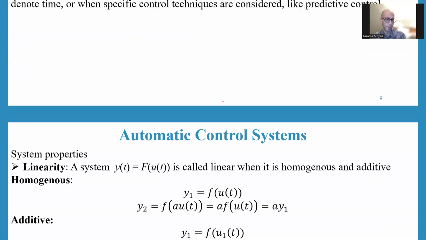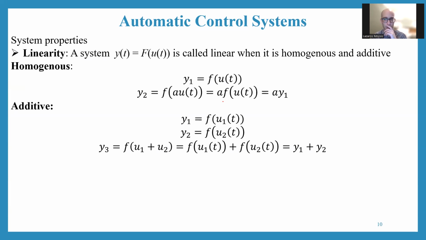Now, the second super fundamental property, I mean extremely fundamental, is linearity. Linearity actually consists of two properties. A system is linear when it is homogeneous and additive. What does every property mean? Homogeneity in a system means this. Let's say I have an input, I feed it into the system, and I obtain an output.